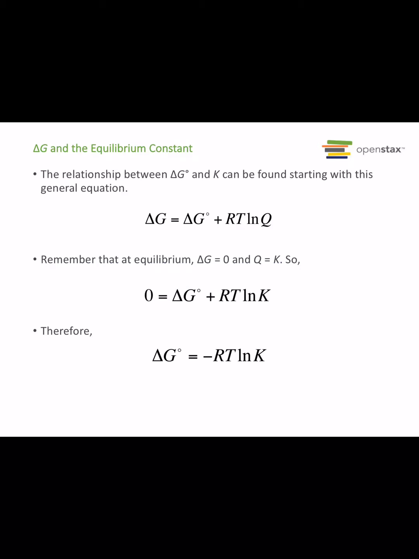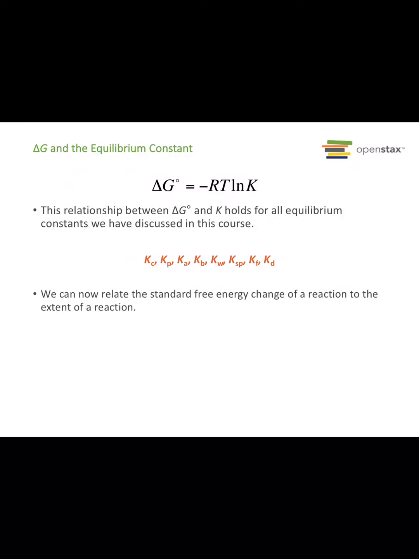And so here we're looking at how they came up with these relationships, but these three reactions you don't need to memorize. I just want you to understand the relationship between delta G and K. This relationship between delta G and K holds for all equilibrium constants, as we've discussed throughout the course.